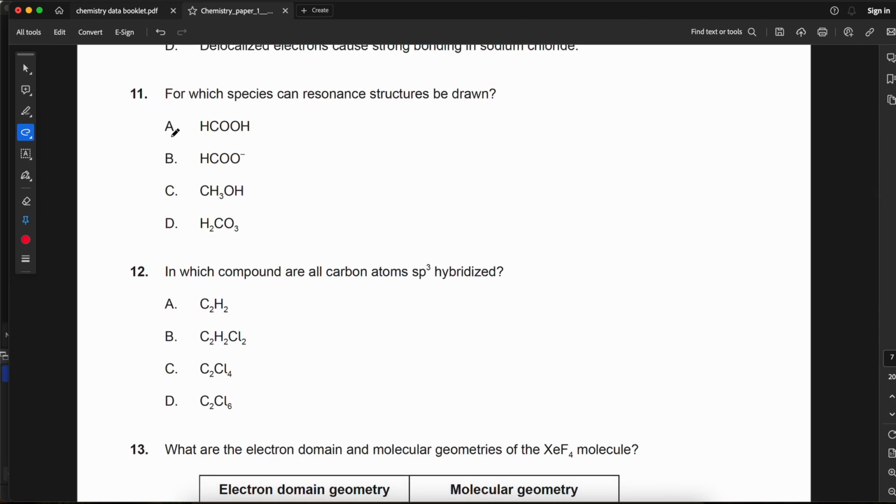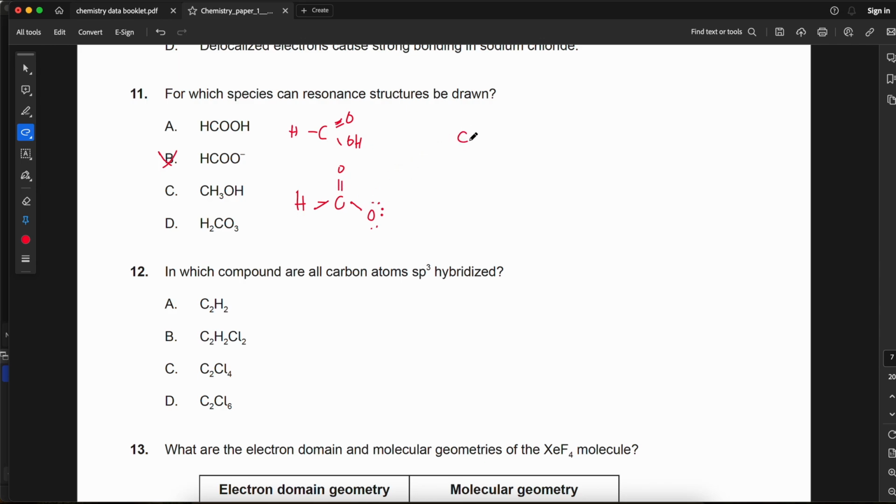For which species can resonance structures be drawn? It's HCOO minus. In case for the A, that would be OH, cannot be, there is no delocalized electron. And for B, so you can do delocalized electrons right here, okay, either this one and then this one, so two resonance.